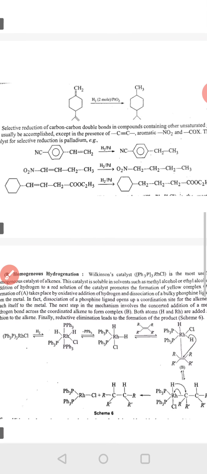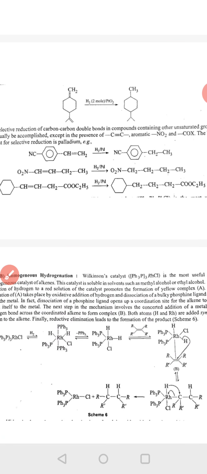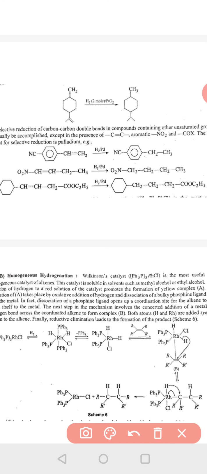In the second example we have 2 groups, nitro and alkene. If we use palladium, then this nitro is untouched and reduction of the CC double bond occurs. In the third example, reduction of the CC double bond occurs and the COO group is left untouched.